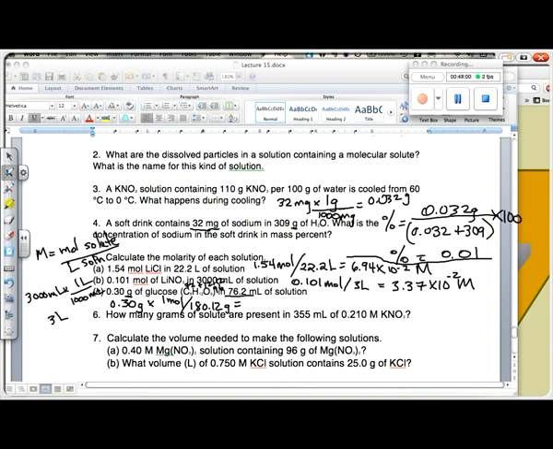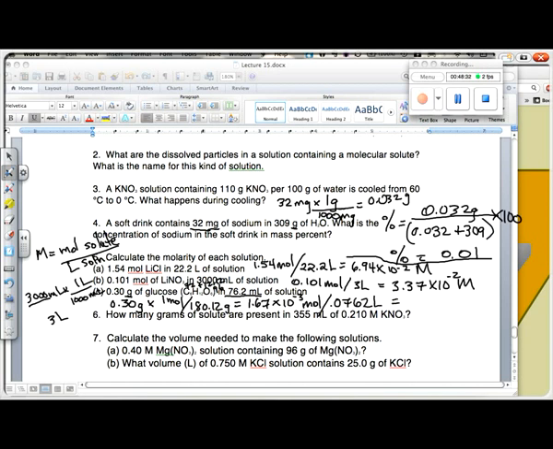Then I'll have to convert these milliliters to liters. And I get 1.67 times 10 to the minus 3 moles. And then my liters, 76.2, divided by 1,000 would give me 0.0762 liters.